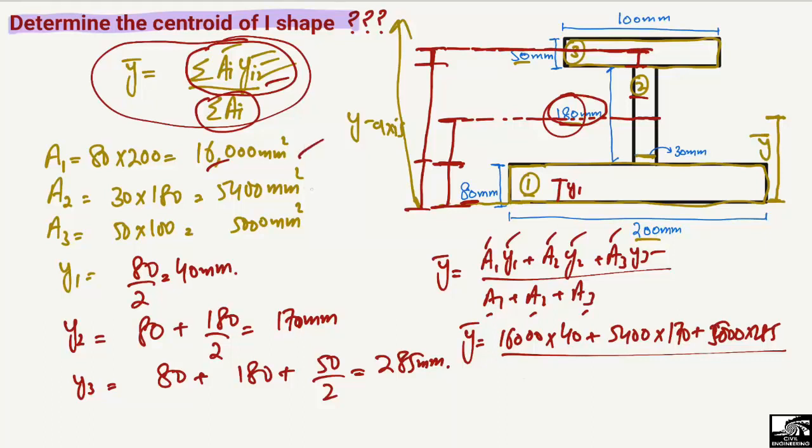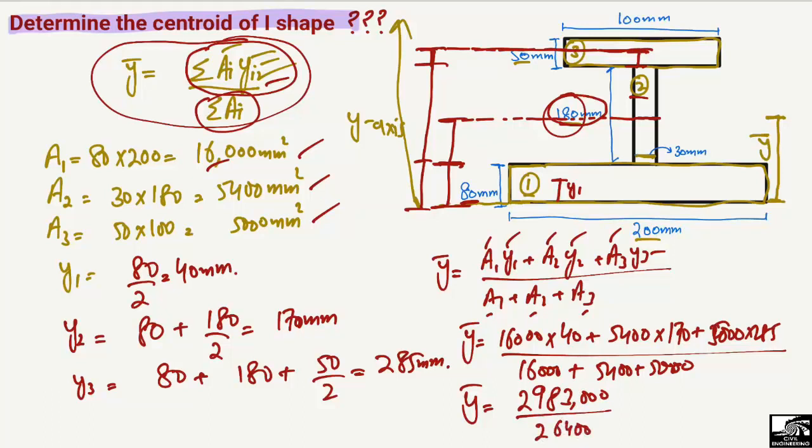A1 is this one, A2 is this one, and A3 is this one, 5,000. Now by simplifying this, we get a big value, 2,983,000, divided by 26,400. So this is the simple value that we got.